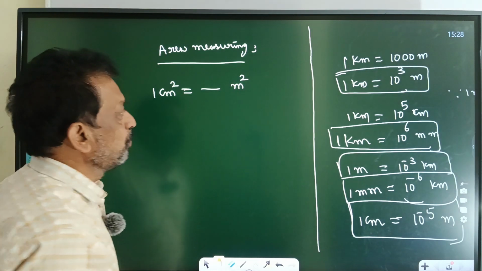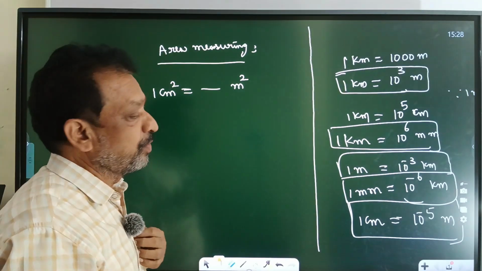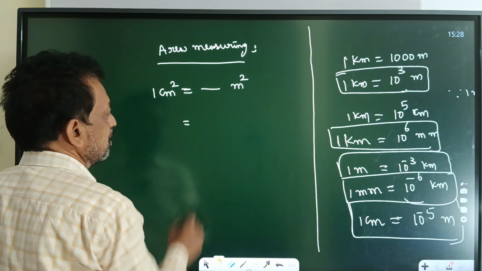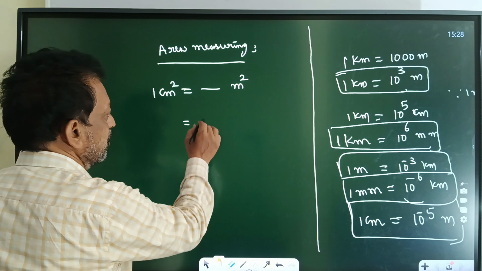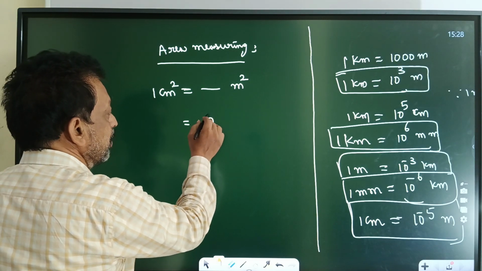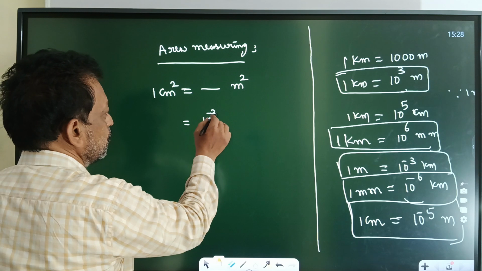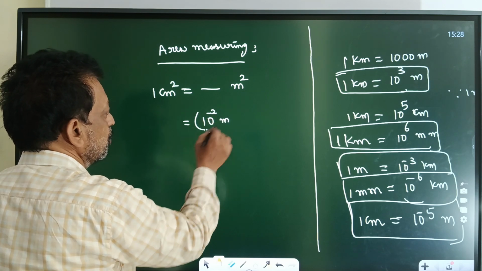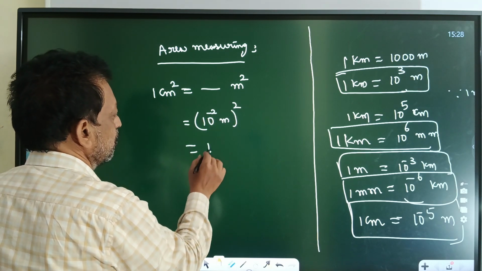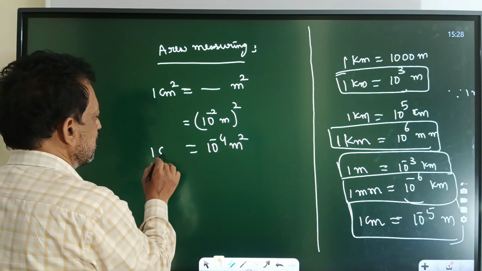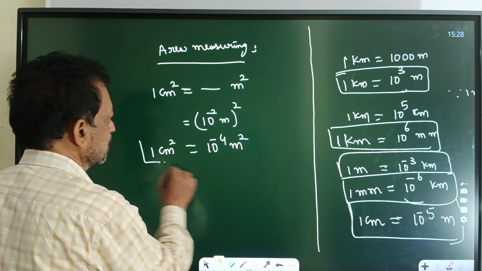Already we know that 1 centimeter is equal to 10 to the power of minus 2 meter. So 1 centimeter square is 10 to the power of minus 2 meter whole square, that is equal to 10 to the power of minus 4 meter square.